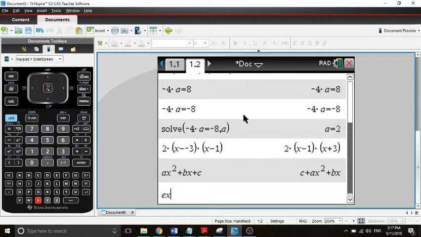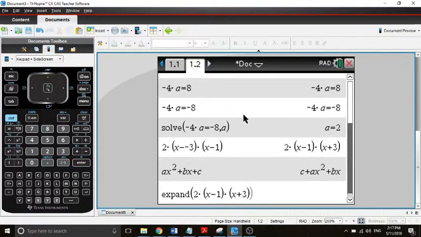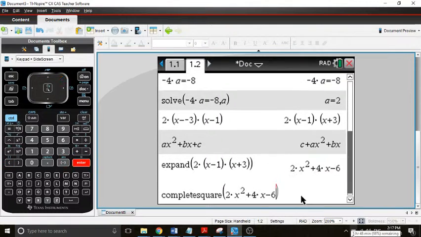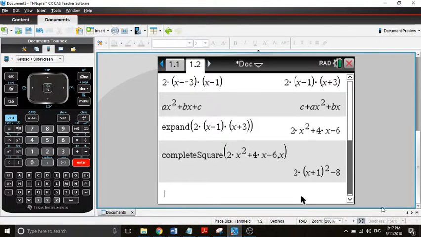So what we do with this is expand it, and it gives us the equation in general form. If we want it in turning point form, we complete the square, take that in terms of x, and you have it in turning point form.